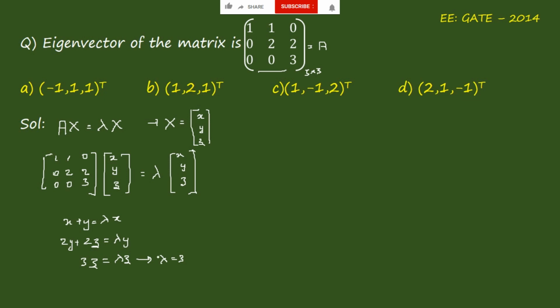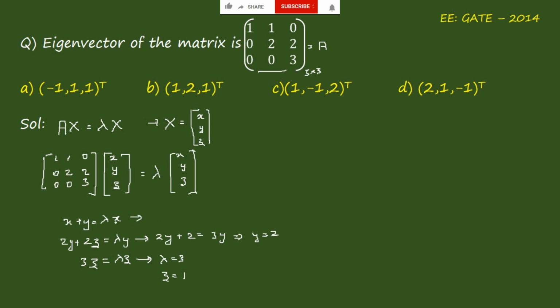Now if lambda is equal to 3, then z is equal to z. If you consider z equal to 1, then substitute in this particular equation, then we get 2y plus 2 is equal to 3y. Then we get y is equal to 2. Now we got the y value, right?